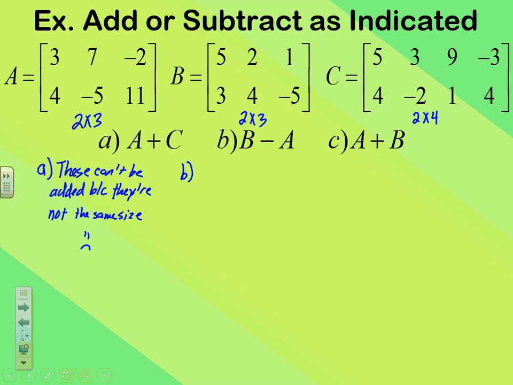So I'll write matrix B real quick: 5, 2, 1, and 3, 4, and -5. So there's matrix B. Now I'm going to write matrix A real quick: a 3, a 7, and a -2, 4, -5, and 11.